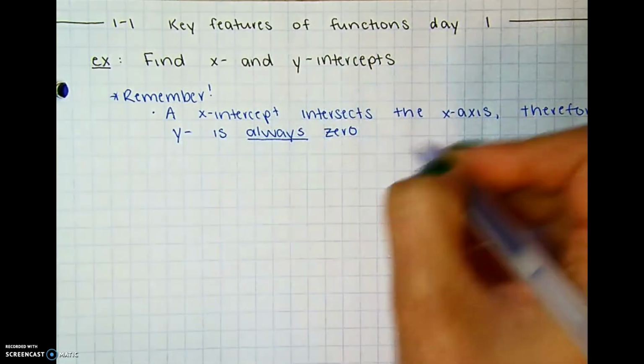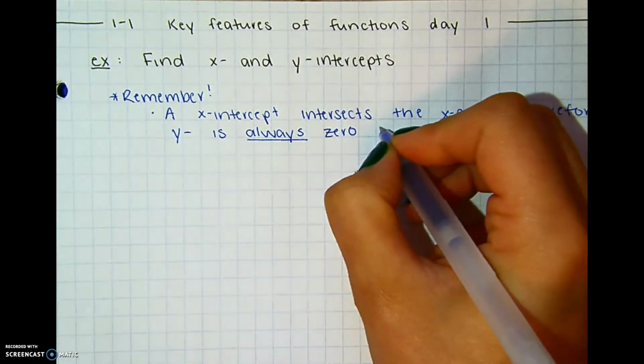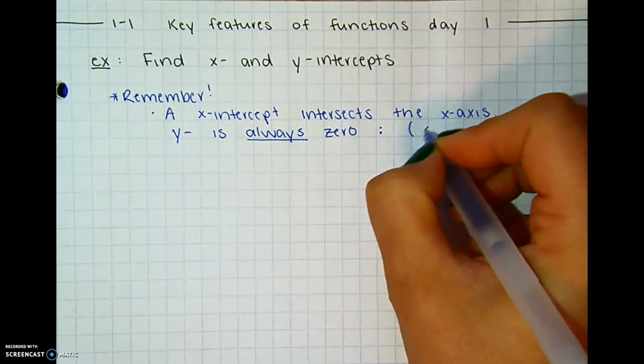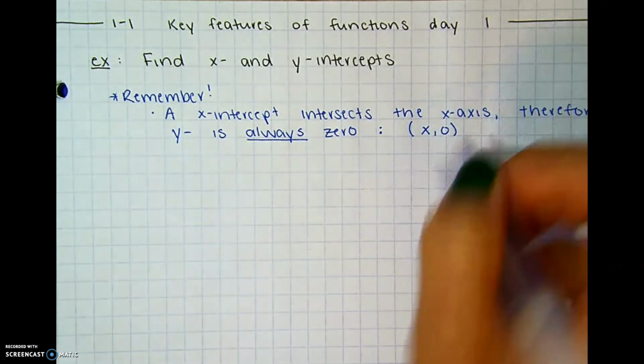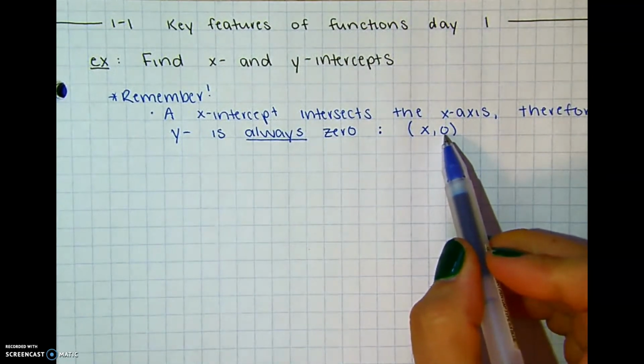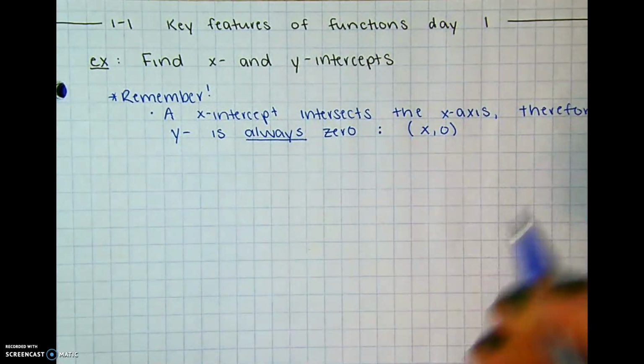That's important for two reasons. One, you need to write your answers for x- and y-intercepts as a coordinate point, so it'll always be x, 0. And then when you're solving algebraically, you can always substitute 0 in for y and solve.